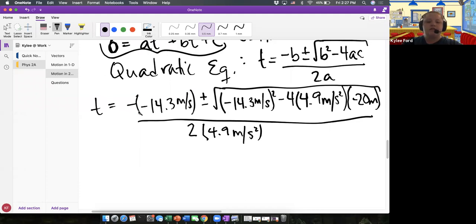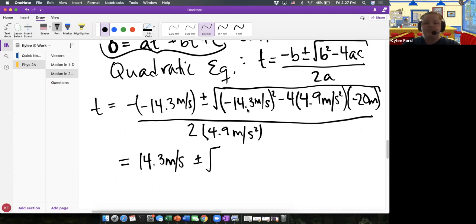Now I'm going to use some algebra to condense this. Negative times a negative is 14.3 meters per second.